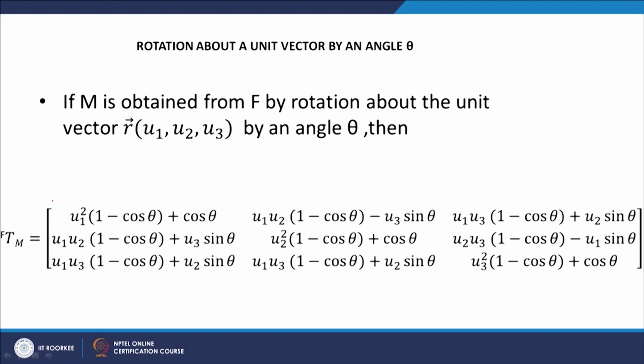Now, it can be easily verified that if u1, u2, u3 is 1 0 0, that is the x axis, then the fundamental rotation about x by an angle theta is obtained as given earlier.